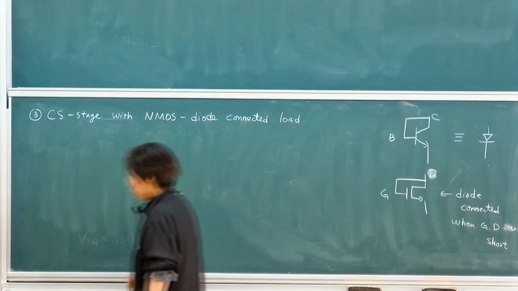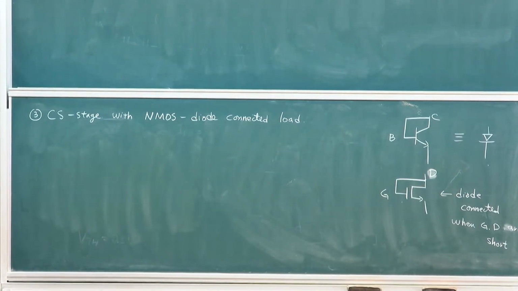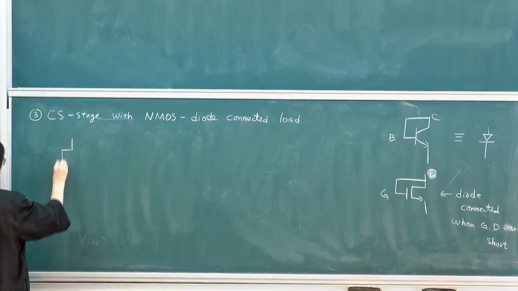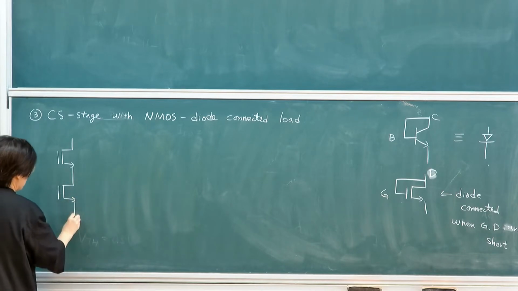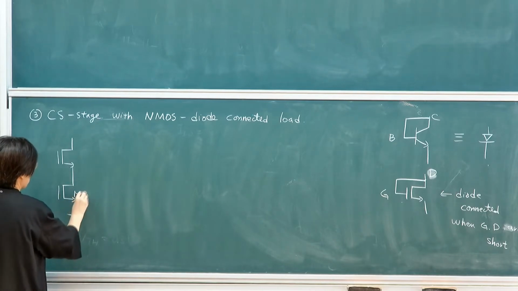They're shorted together. Okay? So let's look at what happens if I have a MOS diode connected load. What you do is simply follow the small signal model to do some analysis, and there'll be very interesting results.